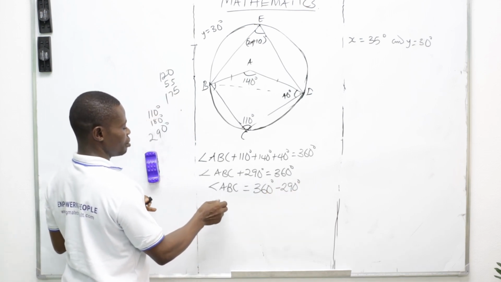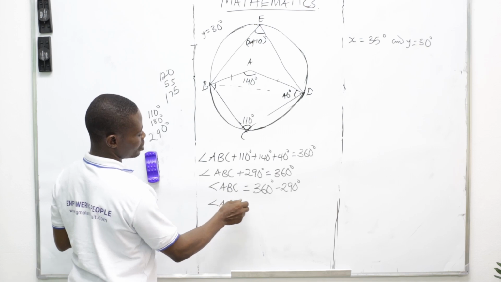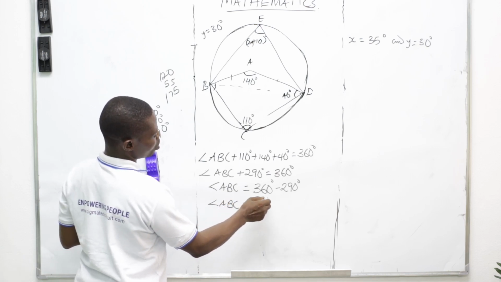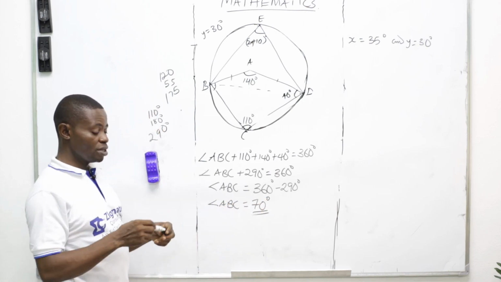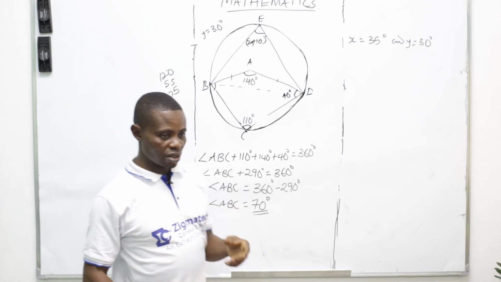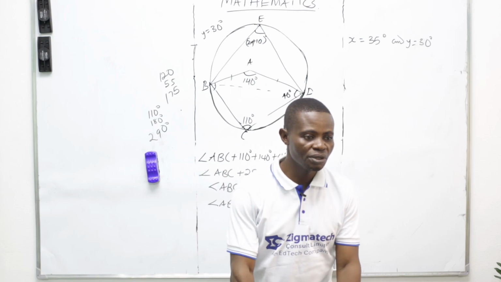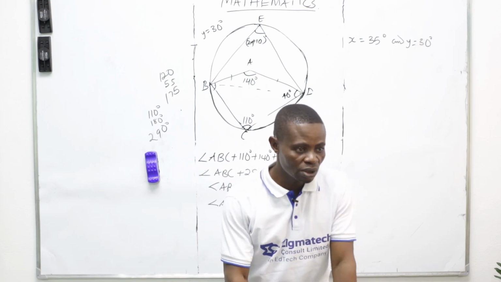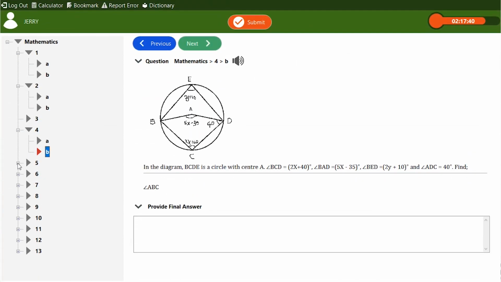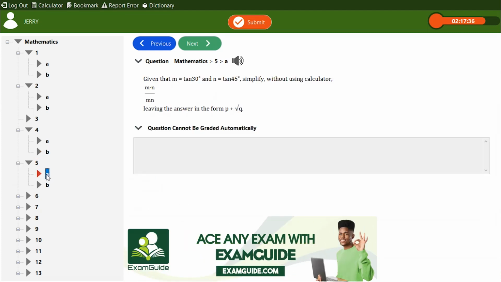That is, angle ABC equals 70 degrees. Hence, angle ABC equals 70 degrees.